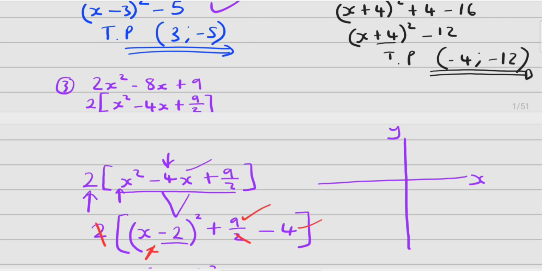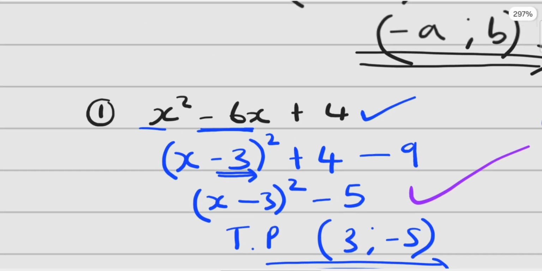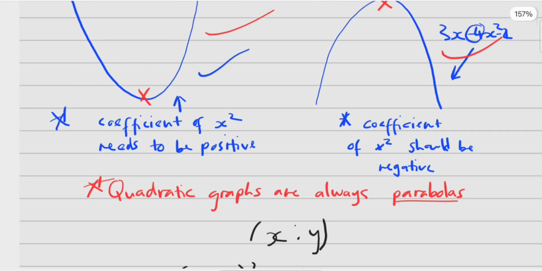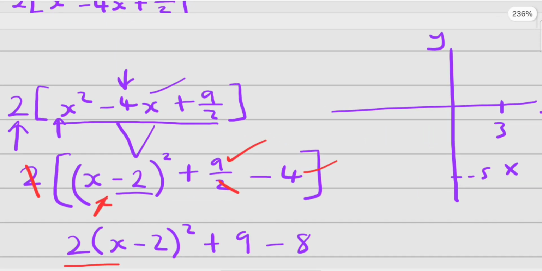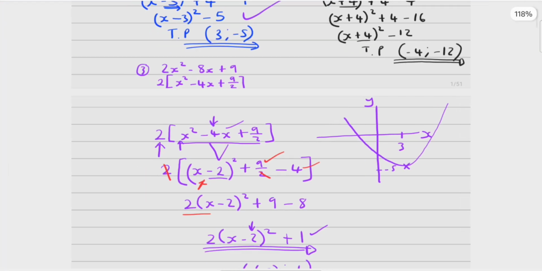Then we put our 3 minus 5, so that's 3 and minus 5 here, right? Then we put a point like that. Then we look at the coefficient of x squared. Yeah, we can see that it's positive, so this will be looking like this, right? So it's facing up. So then we just come here and we draw it like this, right? So this is how the general sketch will be looking like.